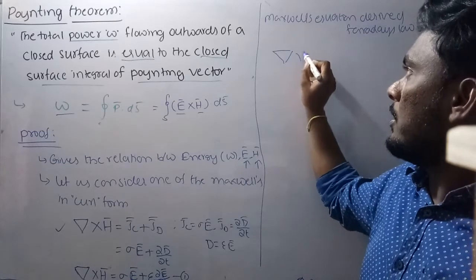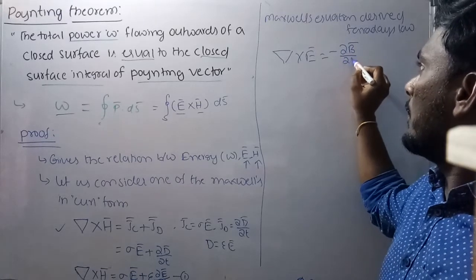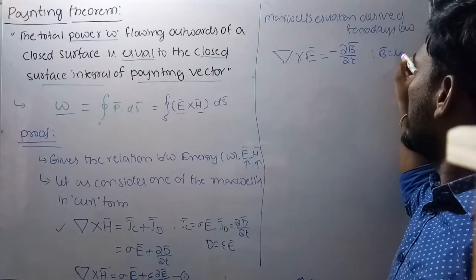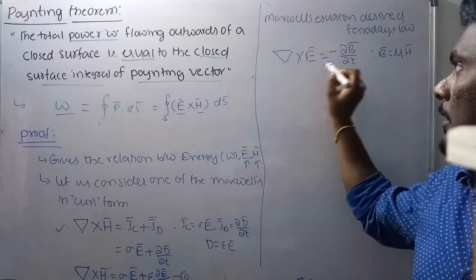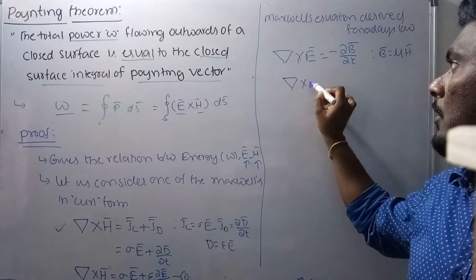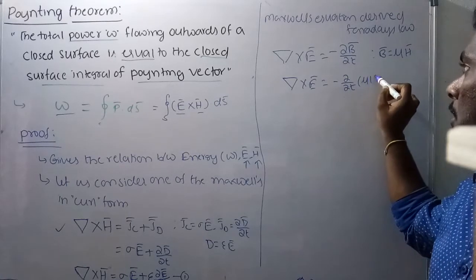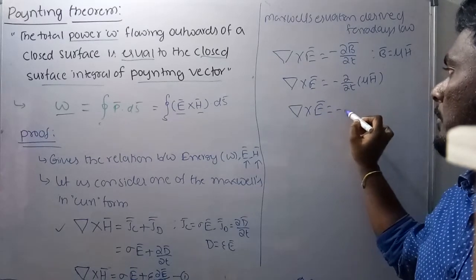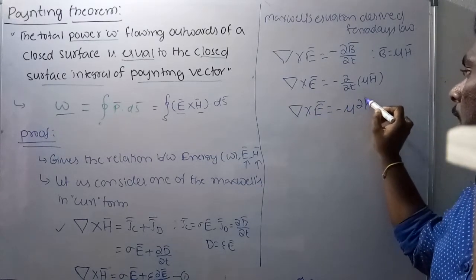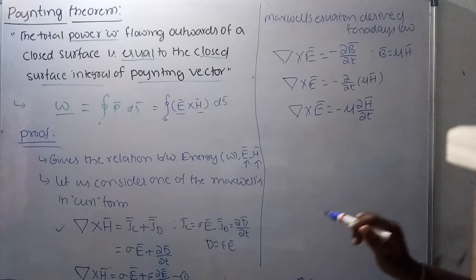What is it? That is del cross E bar equals minus dou B bar by dou T. You know the relation between B bar and H bar, that is B bar is equal to mu times H bar. Now substitute it here, so del cross E bar is equal to minus dou by dou T of mu times H bar. Mu is common, so del cross E bar equals minus mu dou H bar by dou T. Okay, so keep it aside.